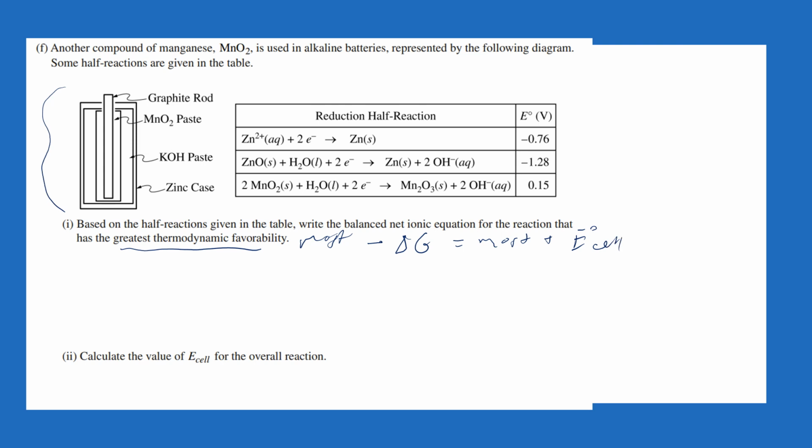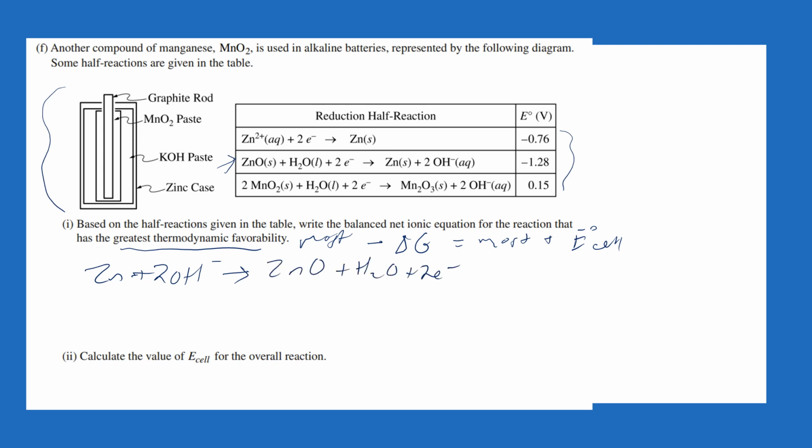So knowing that we're looking for the most positive cell potential, we want to take these half reactions and try different combinations until we find the value that gives us the most positive cell potential. And that will happen if we flip this reaction here and get the zinc plus the 2 hydroxide, flip it to zinc oxide plus water plus 2 electrons.